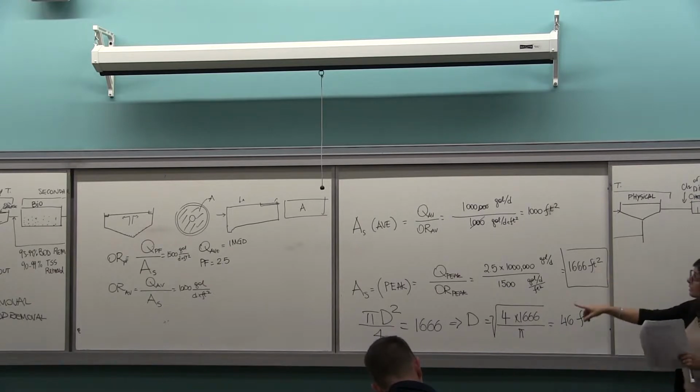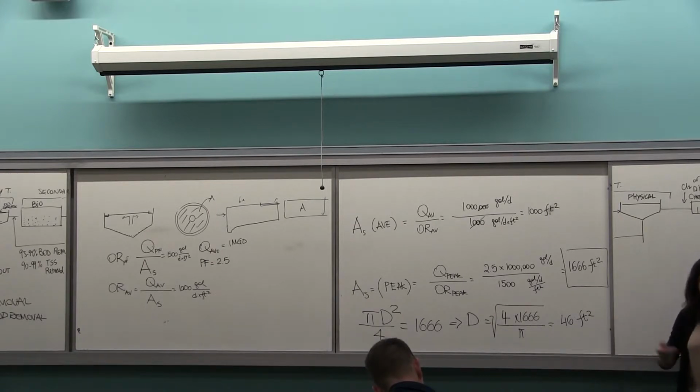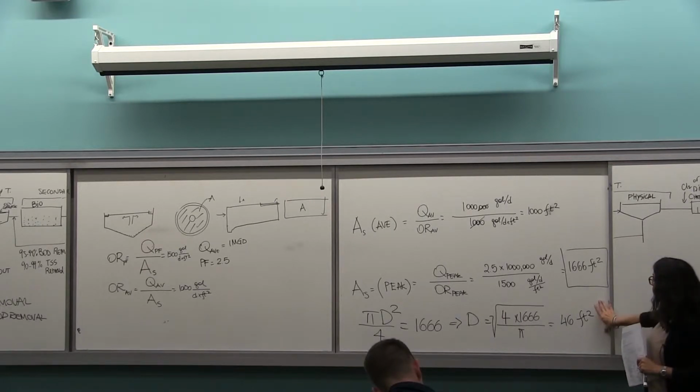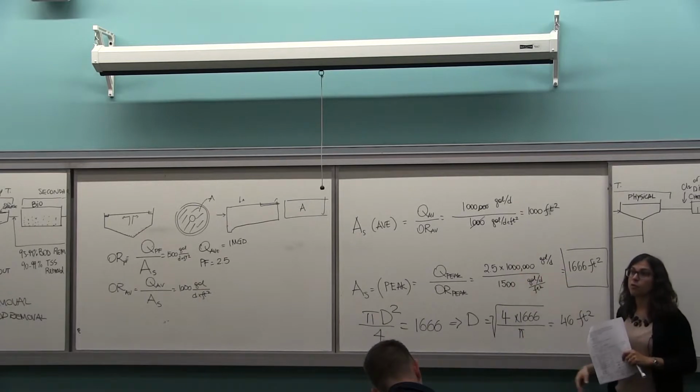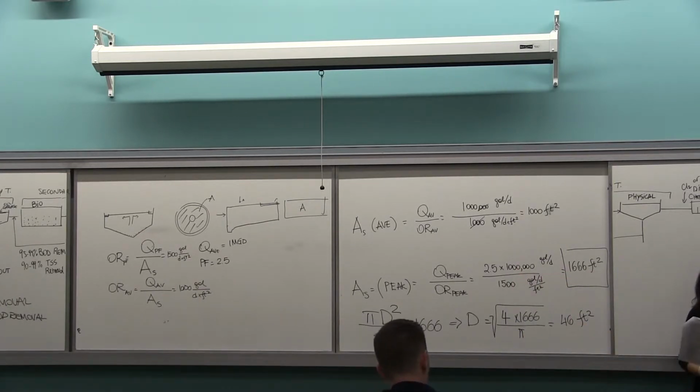If you did it that part, it will come to be 36 feet. That is one of the options. So you need to make sure that it is this one, all right? Because if I do peak 36, I will see that my overflow rate will be coming more than 1,500. All right?